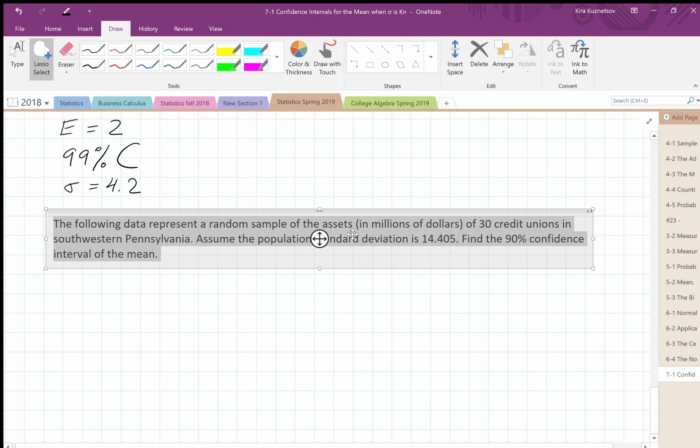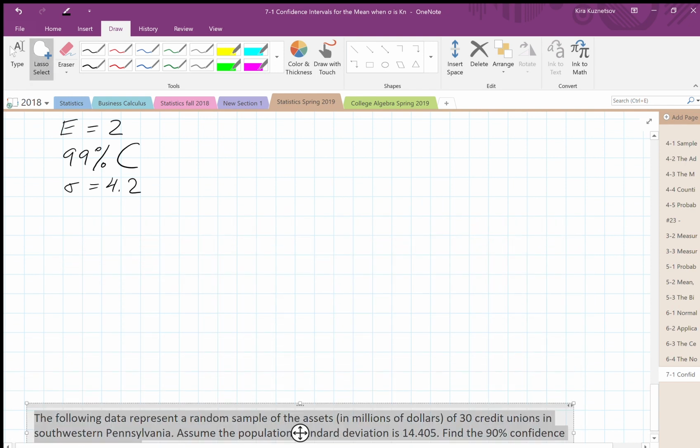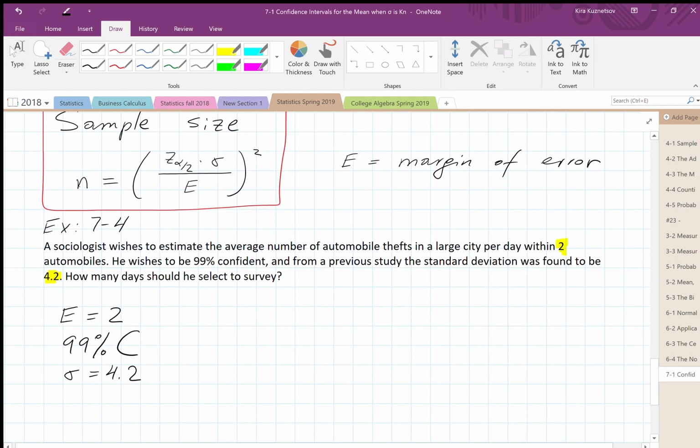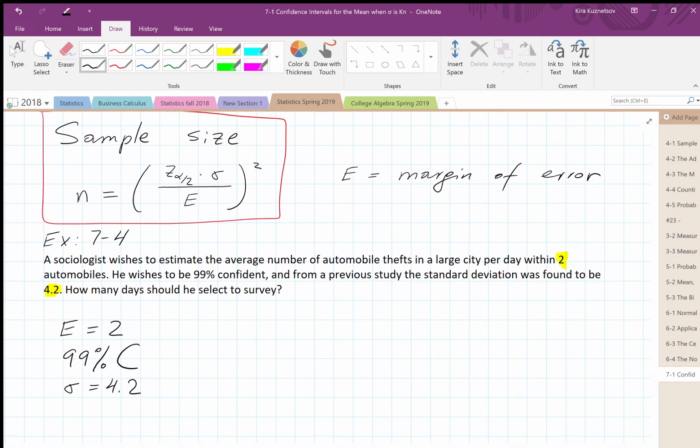And all they're asking us to do is how many days should he select to survey. So you can always look up the Z that corresponds to 99%. So the book is using 2.58. You can go ahead and use 2.58.